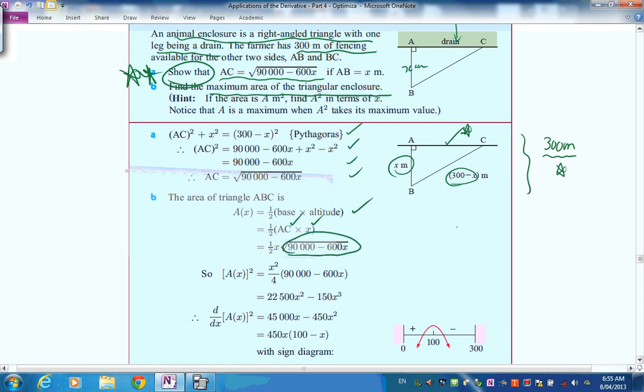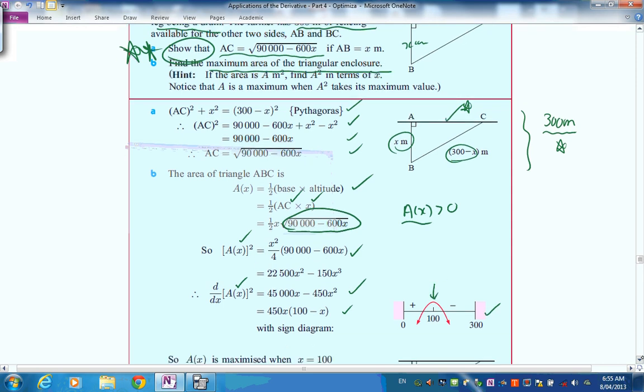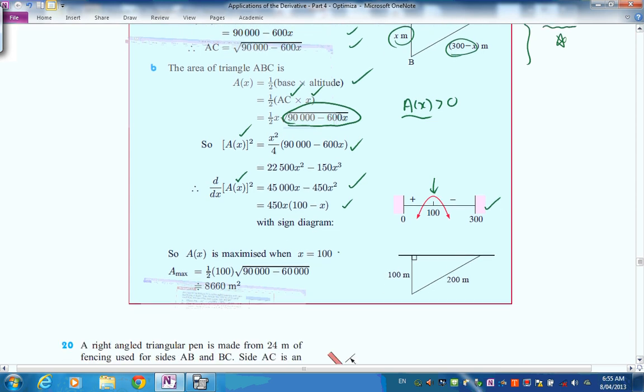Rather than work through with the derivative of that, because this is going to be positive, when we square it the maximum of A(x) is going to occur when the maximum for the square occurs. So you can just square it, put the derivative equal to 0, and do a sign diagram. It looks like x is 100 is going to give us our maximum. Therefore we go back and substitute 100 back into A.